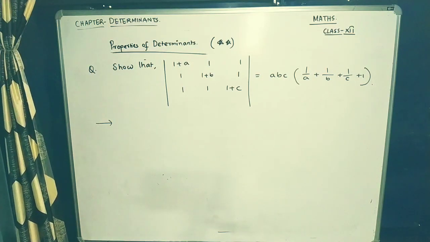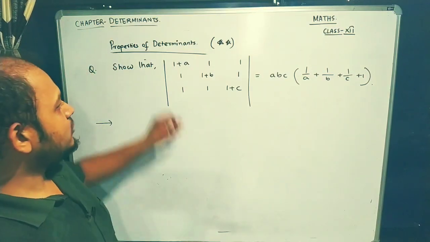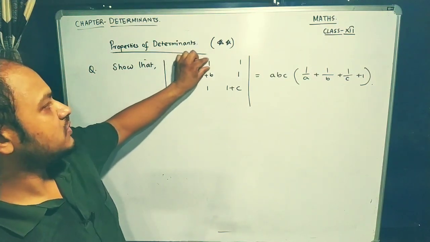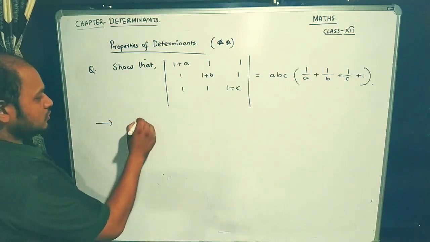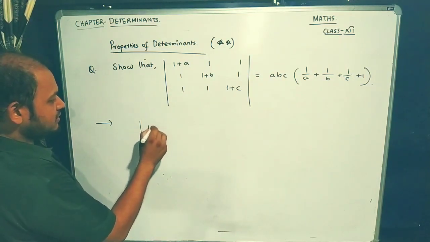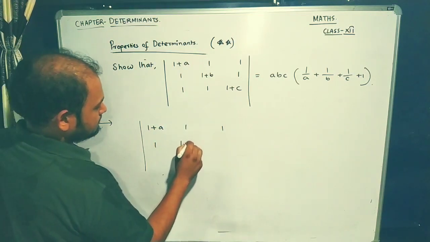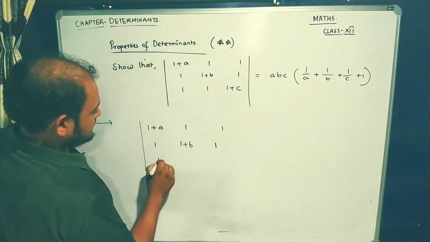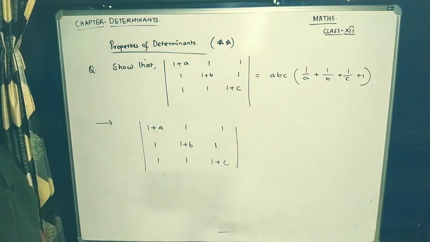Okay, now take the left hand side and do one thing. Try to extract a out of this row. How can you extract a out of this row? So you take this left hand side and try to take a as common term.